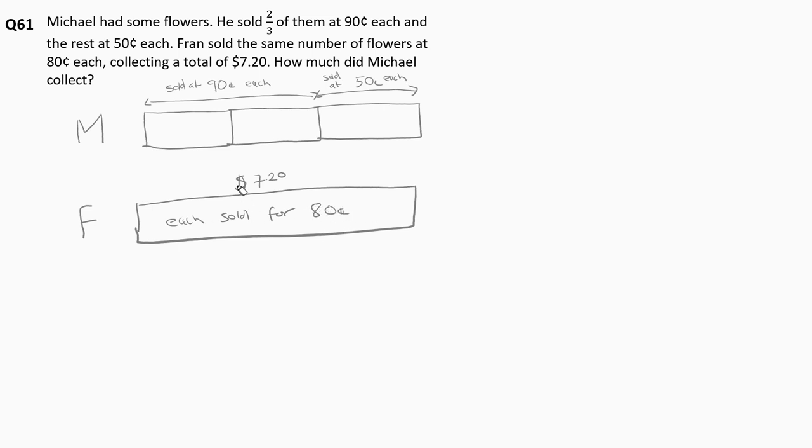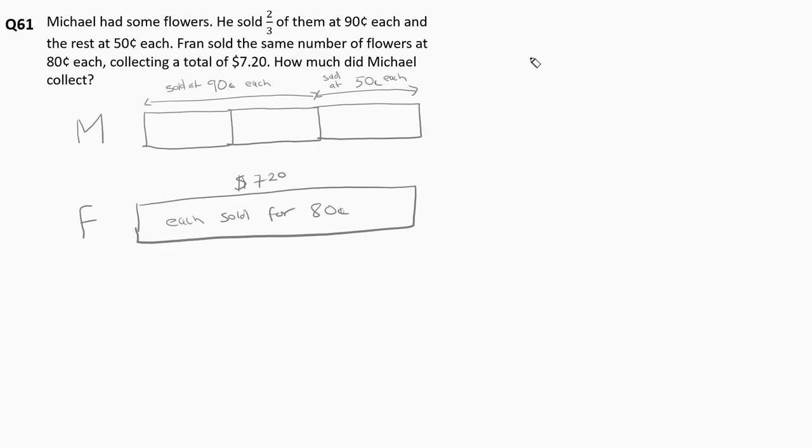So hopefully you can see that however she got this $7.20 was 80 cents plus 80 cents plus 80 cents plus 80 cents plus 80 cents and so on. So something multiplied by 80 cents, because repeated addition is multiplication, gave us 720 cents, because this is $7.20, that's 720 cents.